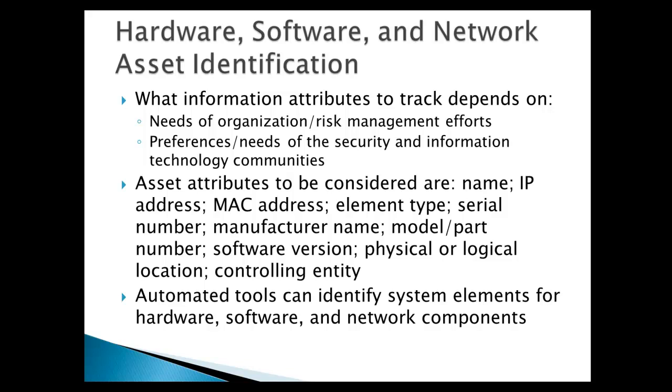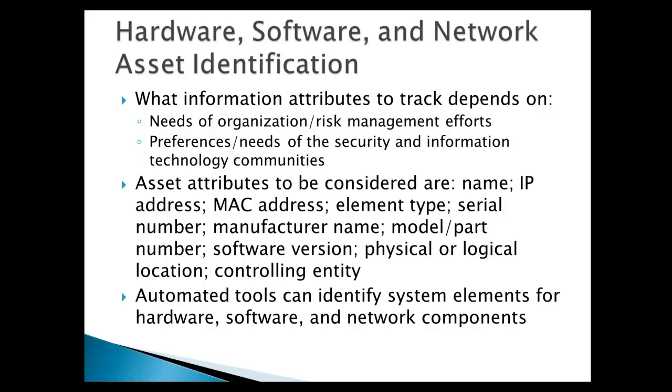If we look at hardware, software, and network asset identification, there are a lot of automated tools that can uncover the system elements that make up your hardware and software and network components, but you have to make sure that it's a comprehensive list, so you're going to have to do some verification. And you can do it in a bunch of different ways: MAC address, IP address, serial numbers, manufacturing names, software versions, physical and logical location.